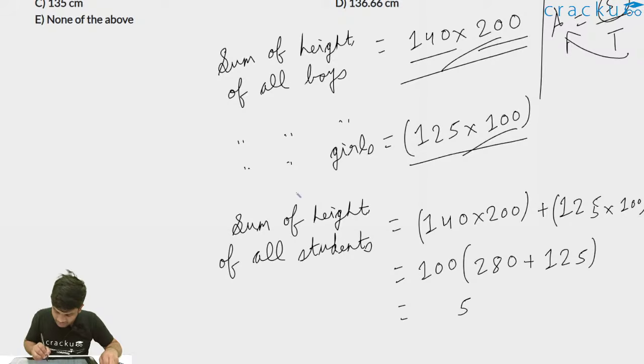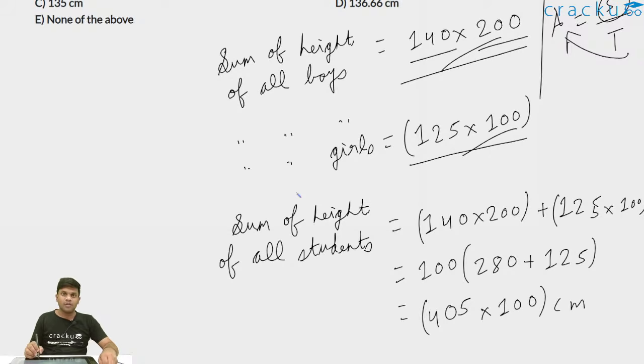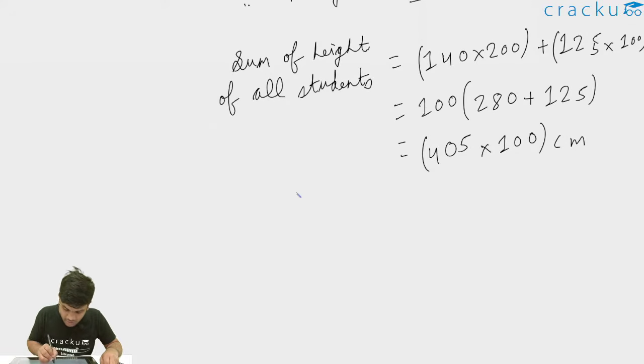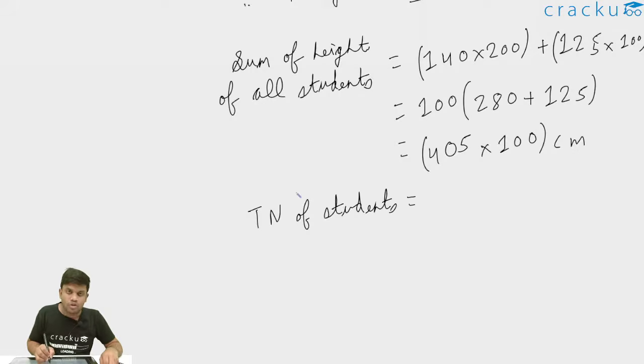So you will get 405 into 100 centimeter. This is the sum of height of all the students in the school. Next is the total number of students. So we have 200 boys and 100 girls. So the total number of students will be 200 plus 100, which is equal to 300.